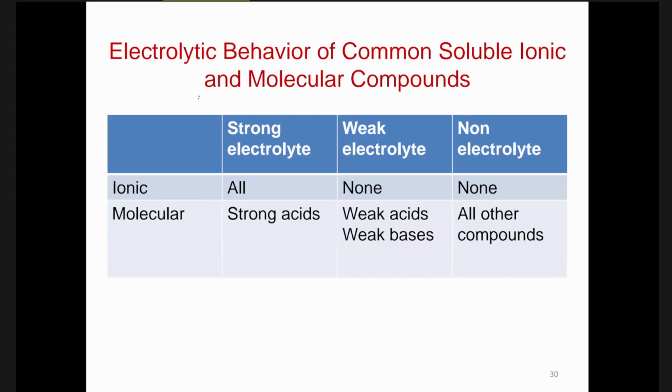You can have a strong electrolyte, for example, strong acids, H2SO4, for example. You can have a weak electrolyte, for example, weak acids or weak bases. Or you can have a molecular compound which is a non-electrolyte, for example, fructose I mentioned, or ethanol, methanol, and so on.